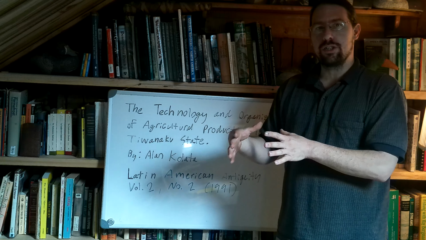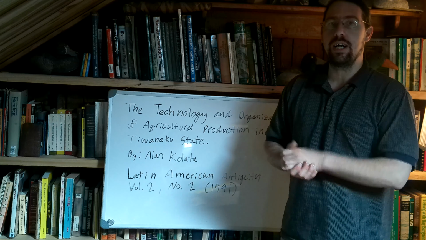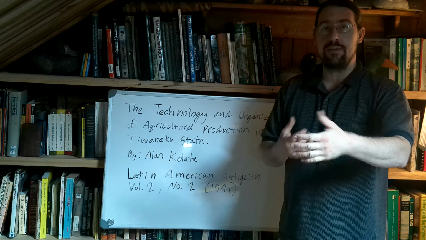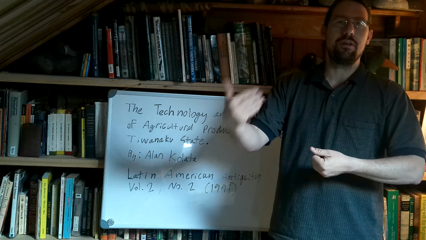Tiwanaku was the culture at the southern end of this body of water. The Wari Empire was the culture at the northern end. And after around 1000 Common Era, those cultures were encompassed by the Inca Empire, which is the one more people are familiar with.